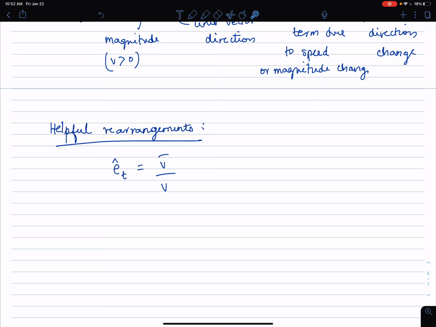So for instance, if you knew the velocity in i j directions, then this is going to be the expression for the tangent vector.